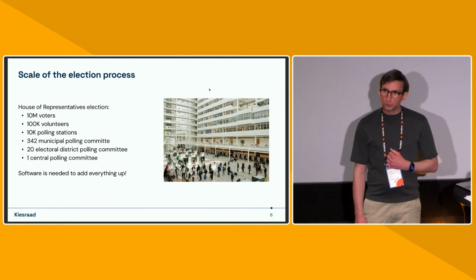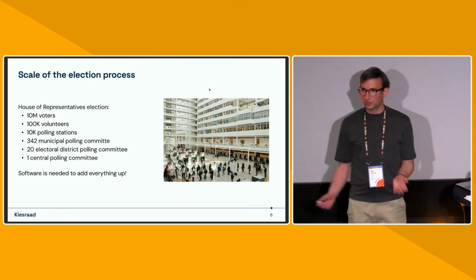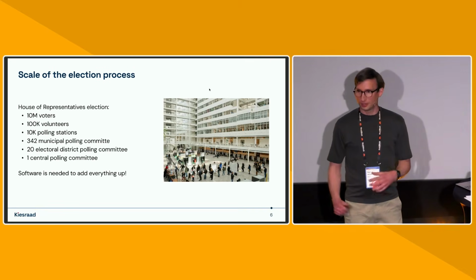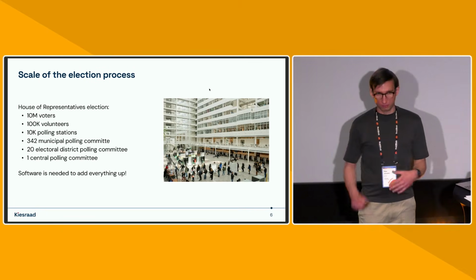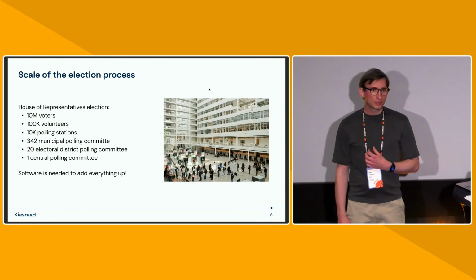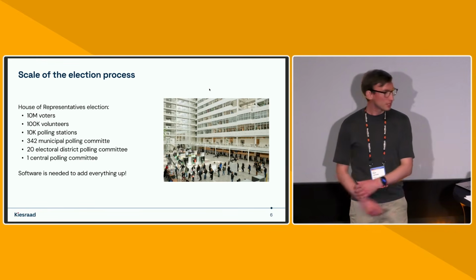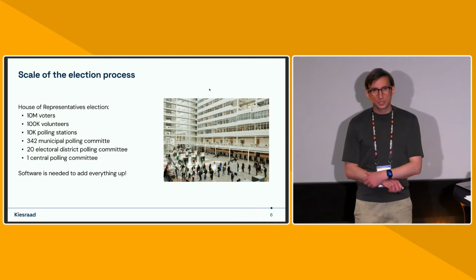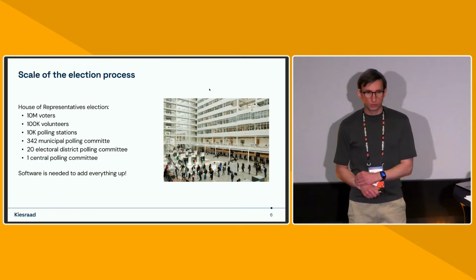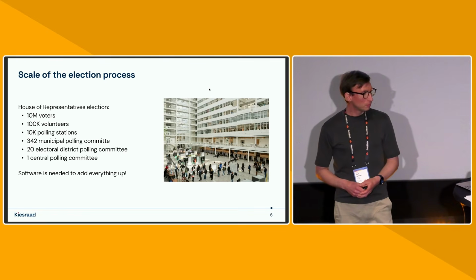There's 342 municipal polling committees that add up the votes for every polling station in the country. So every municipality is responsible for its own polling stations. Those municipalities get grouped into 20 electoral districts, and every one of those districts has their own polling committee that adds up the votes from their municipalities.